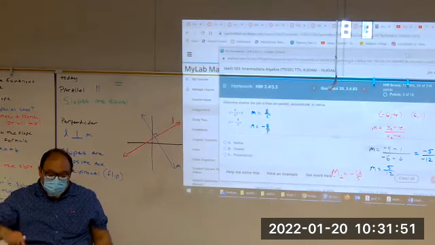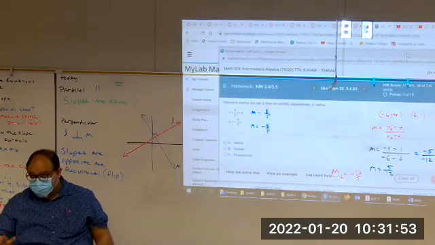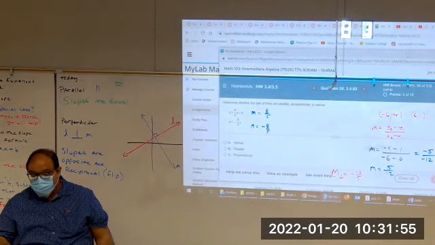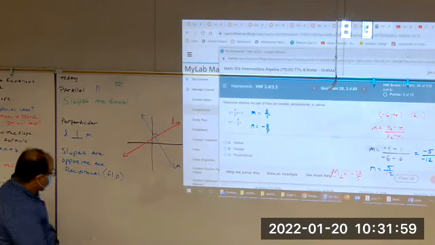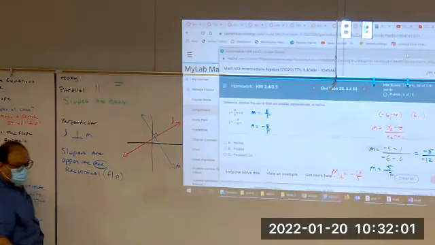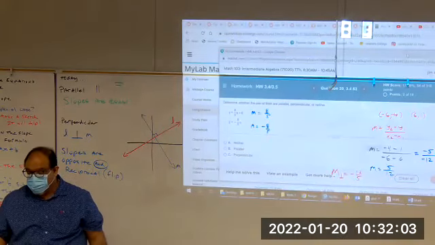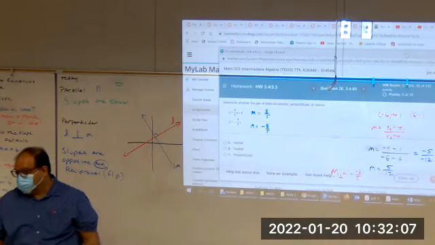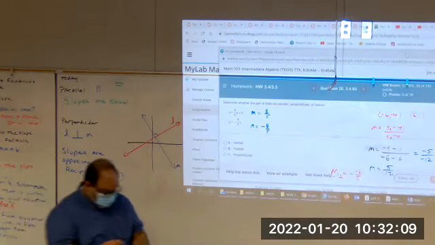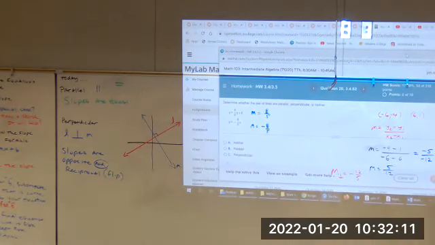Are they opposite? Yes, but are they reciprocal? No. In order to be perpendicular, it has to be opposite and reciprocal. Both. It's just opposite. So the answer is neither. Okay. Now be careful, they don't put these A, B's, and C's in the same order every time.